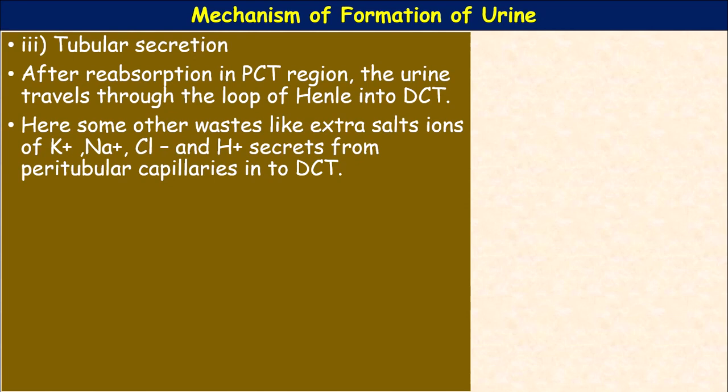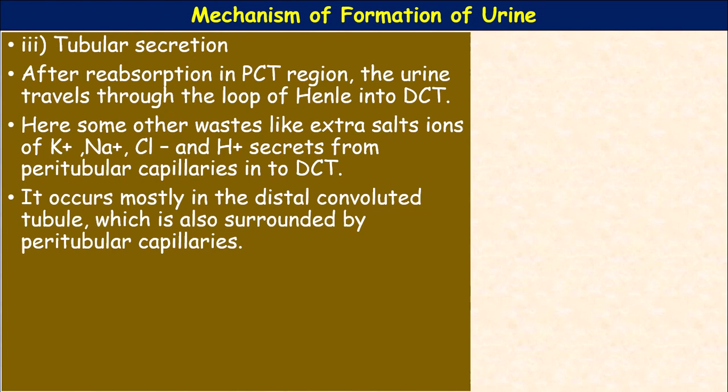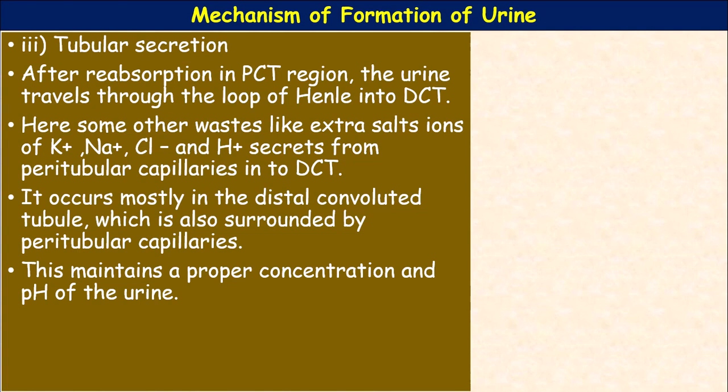There, some other waste like extra salt ions of potassium, sodium, chloride and hydrogen ions are secreted from the peritubular capillaries into the distal convoluted tubule. It occurs mostly in the distal convoluted tubule, which is surrounded by peritubular capillaries.